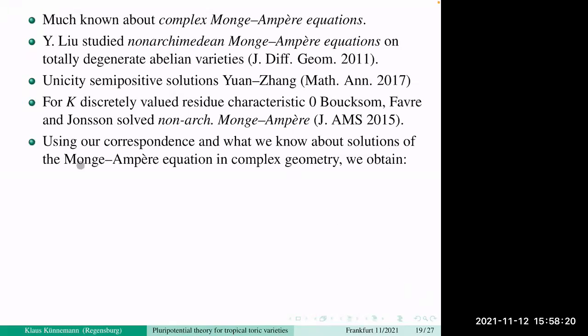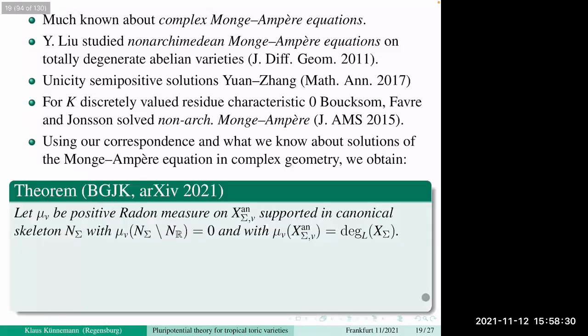But now, using our correspondence and what we know about solutions of the Monge-Ampère equation in complex geometry, we see, for example, that we can solve the Monge-Ampère equation on toric varieties. So now let this be a positive Radon measure on this toric variety, which is supported in the canonical skeleton. Here I will make the assumption that this measure is really supported in N_R, so the measure of the boundary is 0.